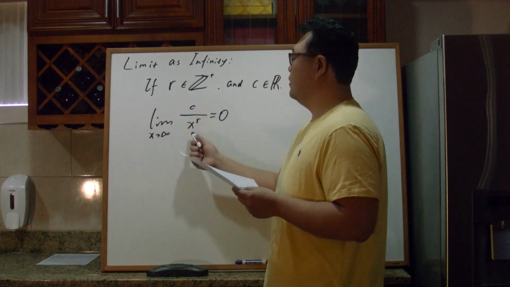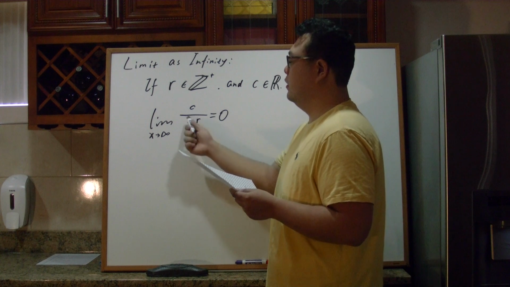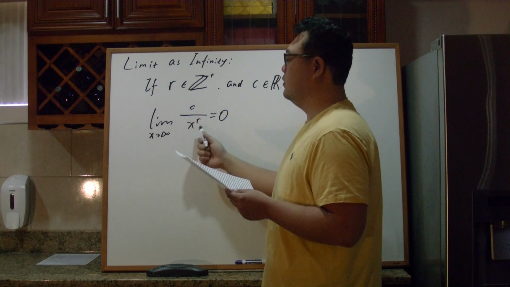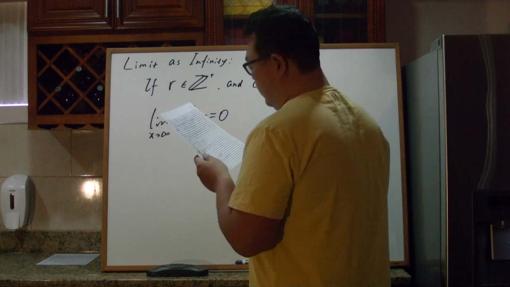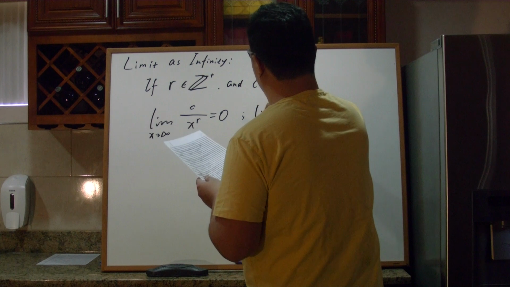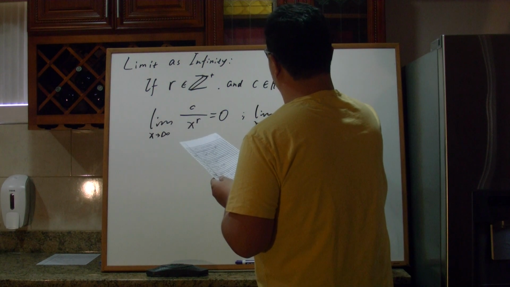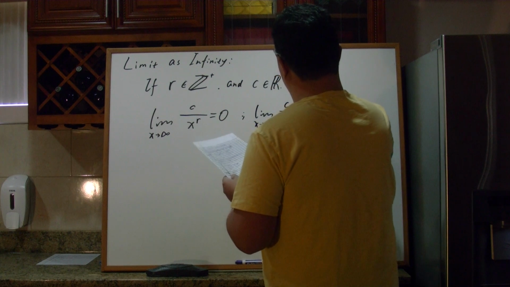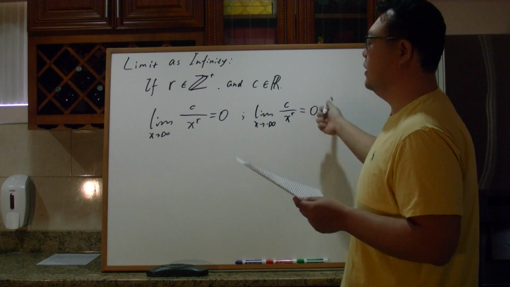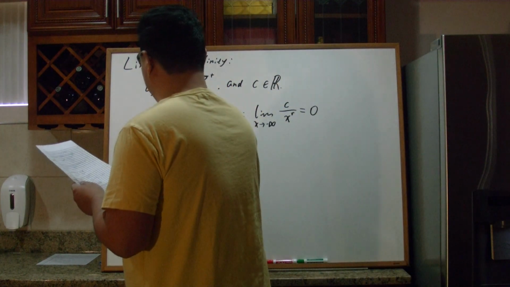This means a constant over x to a positive integer power: as x goes to infinity, constant over infinity will be 0. And also as x goes to negative infinity, the constant over that is also 0, since no matter whether it is positive or negative infinity, it approaches 0 either way.